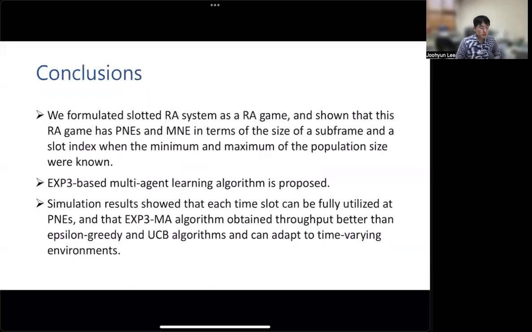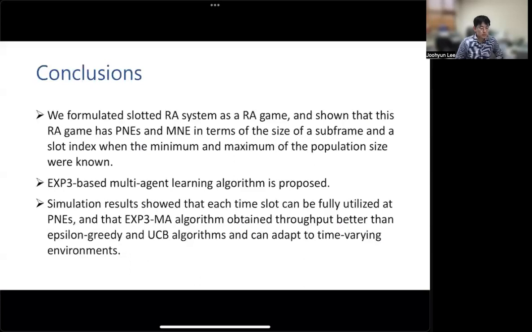So as a conclusion, in this work, we formulated the slotted random access system as a random access game. We have shown that this random access game has pure strategy Nash equilibrium and mixed strategy Nash equilibrium. To achieve the pure strategy Nash equilibrium, we propose EXP3, which is a popular algorithm in the bandit problem, and an EXP3 based multi-agent reinforcement learning algorithm is proposed in this work.